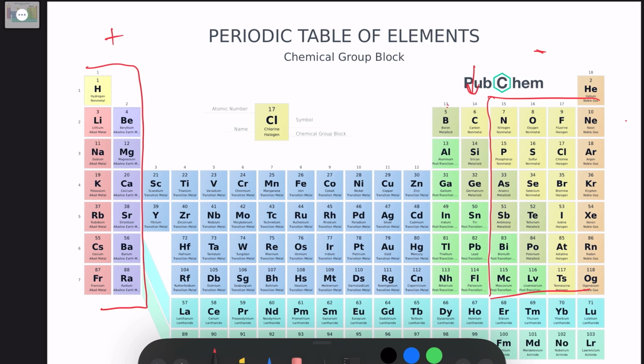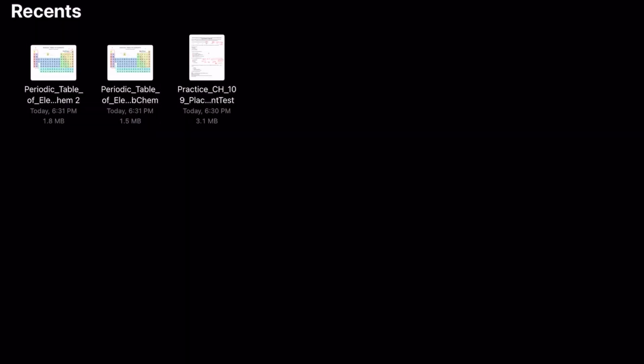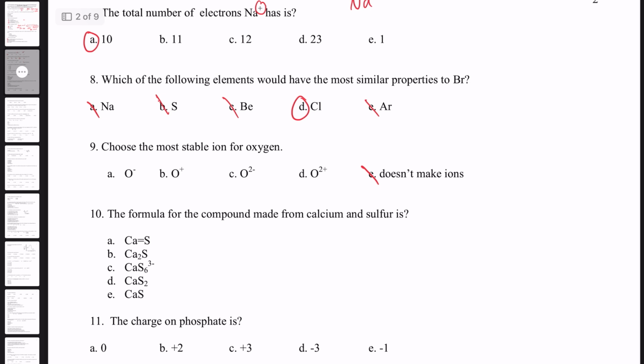We can just say that we're looking at oxygen. Oxygen's right here, and we see that it is 2 away from the noble gases. And we know it's a negative number.